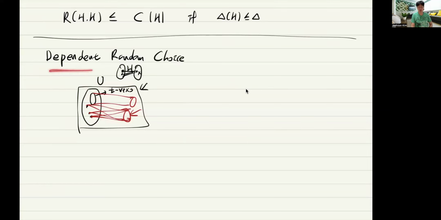But the dependent random choice is not strong enough, and it's not really true that such a large set has the property that every T-vertex set has a large neighborhood. That's too strong a condition.